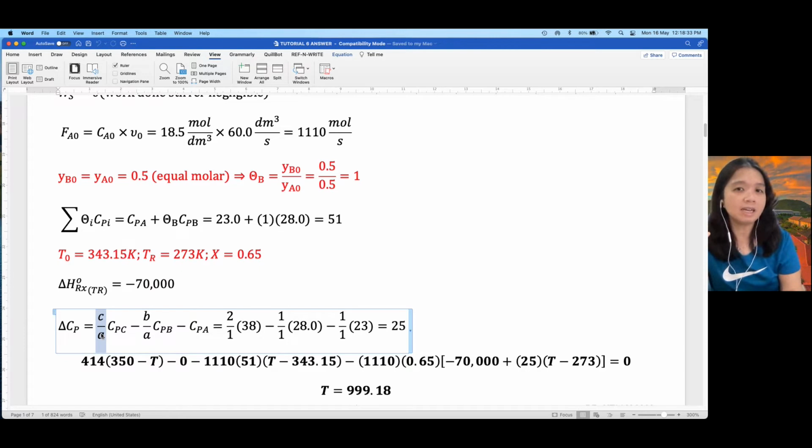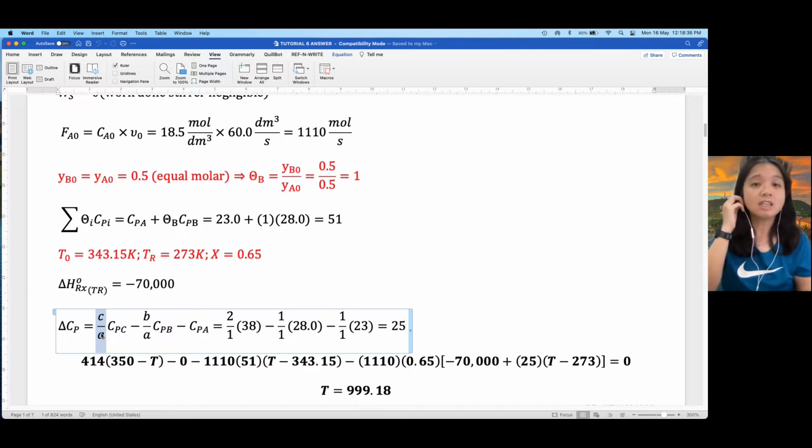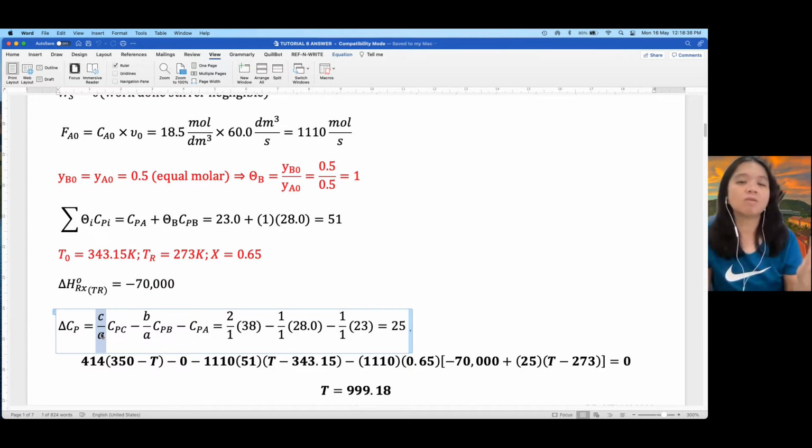So it is only calculated for all the compounds that exist in the chemical equation. Meaning, if you have inert, you don't need to calculate the delta CP because the inert will not have the stoichiometric coefficient in the chemical equation, because they are not involved in the reaction. In this case, delta CP will be, since we have C as product, A and B as reactant: C per A, the stoichiometric coefficient ratio, multiplied with the heat capacity of C, CPC, minus B per A, heat capacity of B, CPB.